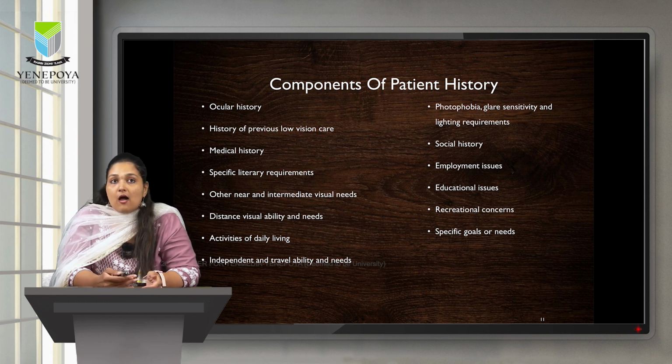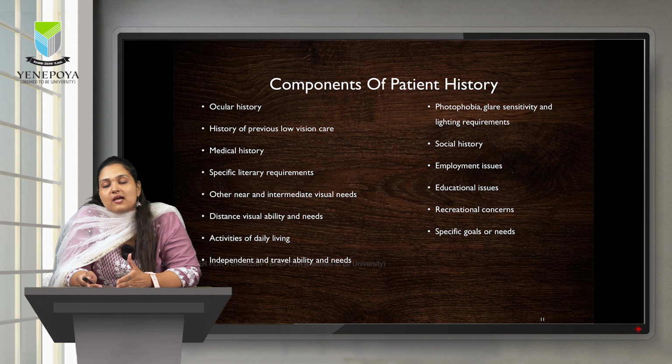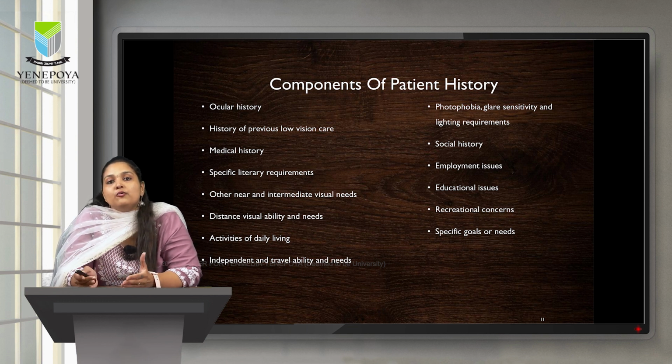Now you will be thinking, with this many histories, how to remember? So now we will see each one, and at the last I will tell you how to quickly remember the few important history taking components.